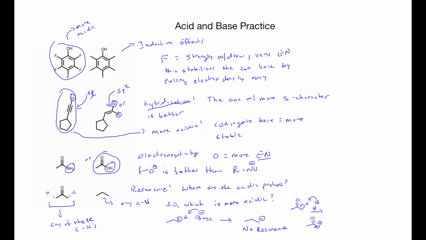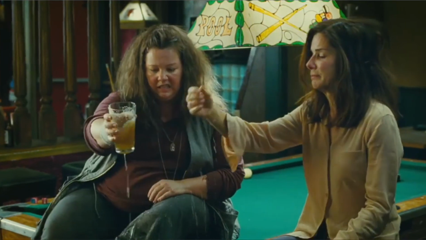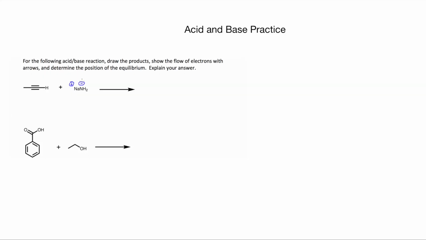So that means that I can actually draw a resonance structure and I can move the charge over to the oxygen. So I have more resonance structures that I can draw, and that means that this is more acidic because the conjugate base is therefore more stable. Awesome.